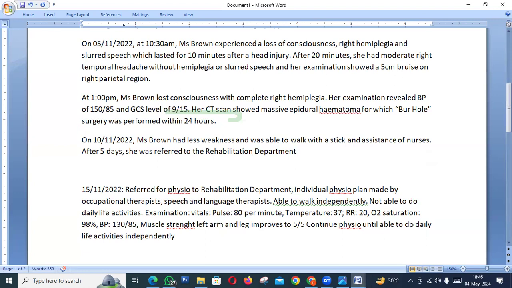But if you write it small, it's not wrong, okay? She was referred to the rehabilitation department for an individual physiotherapy plan. You can stop here.